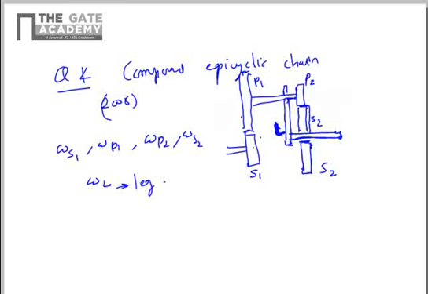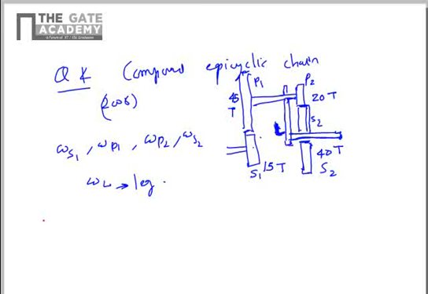Then the number of teeth on various gears are given. For the planetary gear of train 1, P1, it is 45. The sun of the first chain has 15 teeth. The sun of the second chain has 40 teeth, and the planet of the second chain has 20 teeth. So: 20 teeth, 40 teeth, 15 and 45 teeth.